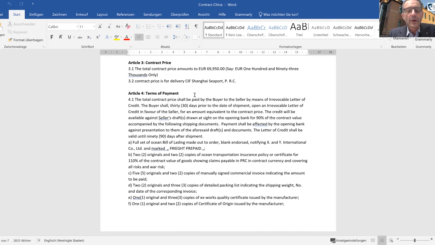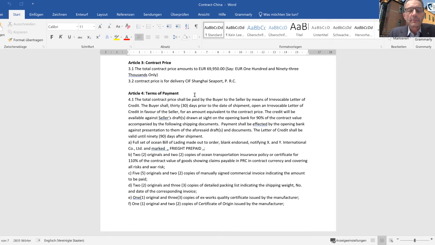So that means the Chinese company has to go to the bank and ask, will you promise instead of me? And that's what the bank has to decide. Here in that case, the bank has done so. So the bank promises to pay. And then the payment, or here it's named the credit, but it's nothing else than the payment, will be available after presentation of the following things.